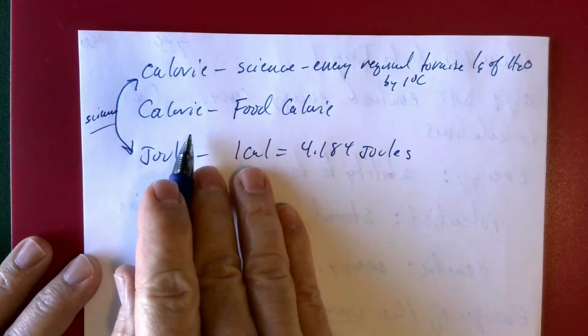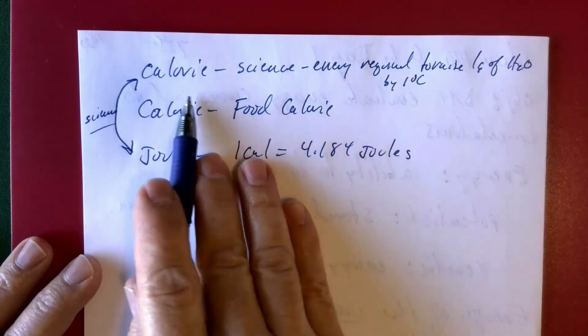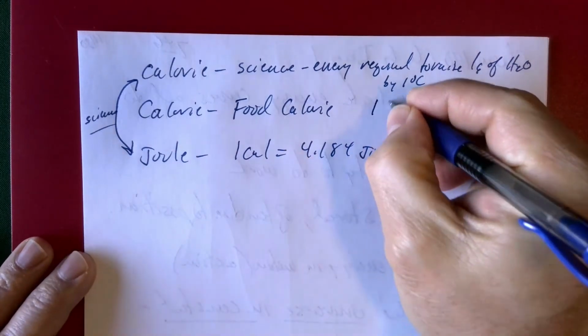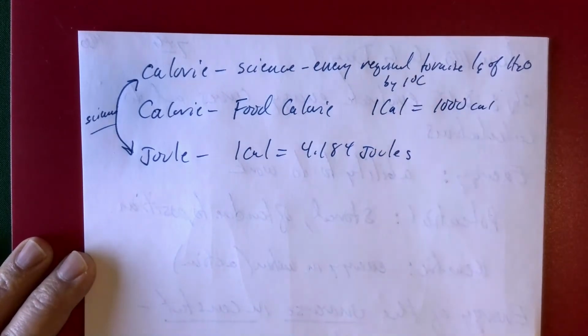This is a food term. Does anybody know the correlation between a food calorie and a science calorie? Isn't a food calorie like 1/1000th of a science calorie? Okay, so I go backwards. So 1 big C calorie is equal to 1,000 little c calories.